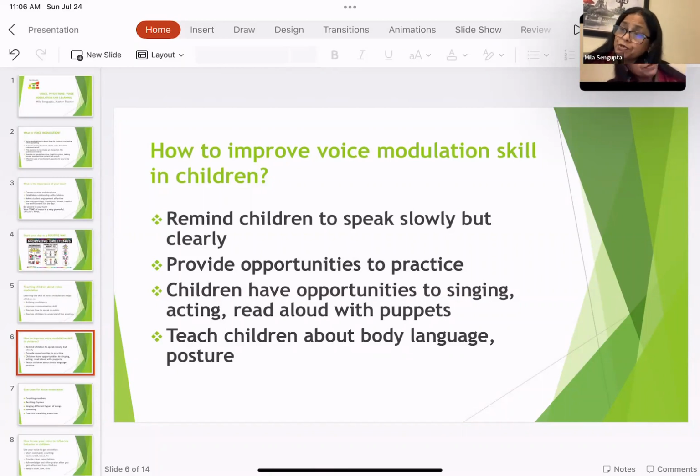So all these opportunities that you provide to the children, from singing, dancing, movement, reading aloud, practicing, or acting out, or give them the choice to pick a character they like in a certain story or book and then act it out.